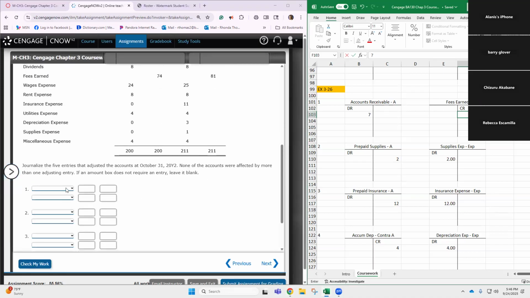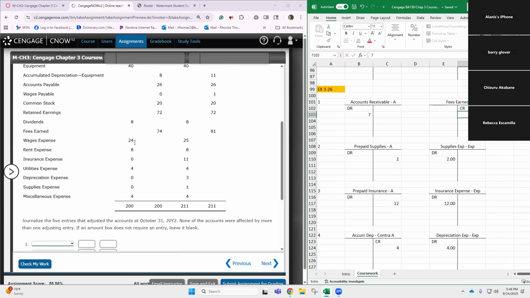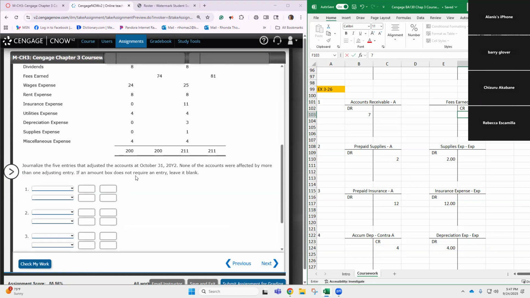So if you go down to revenue, which is fees earned, between 74 and 81 is exactly 7. Does everybody see that? So yes, this is the entry that was made. We're kind of backing into our entry by looking at the trial balances to see if we can figure out what adjusting entries were made on the last day of October.